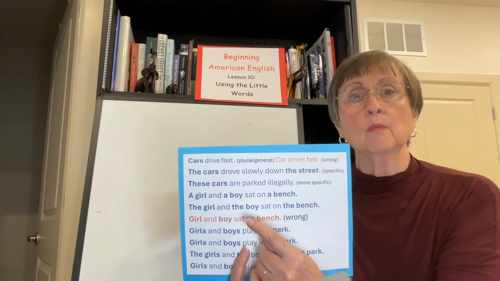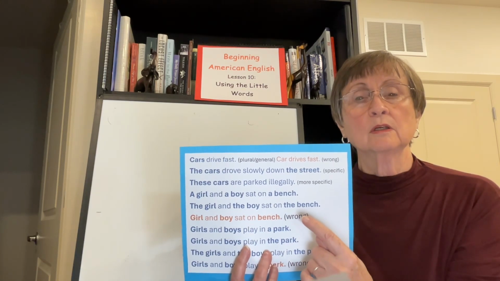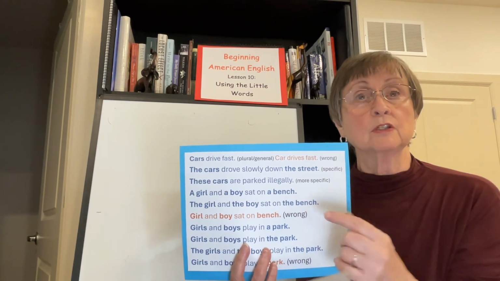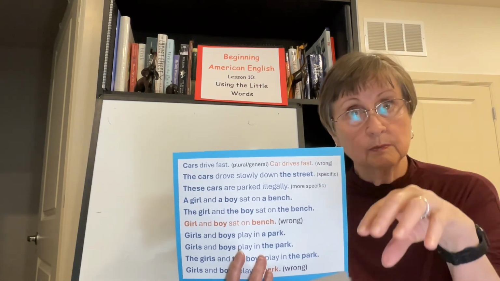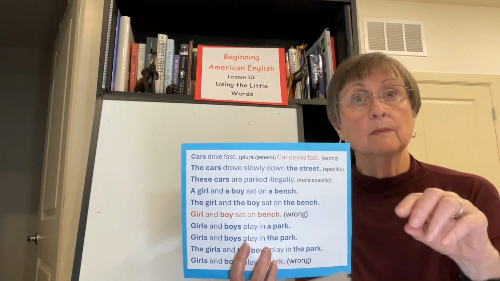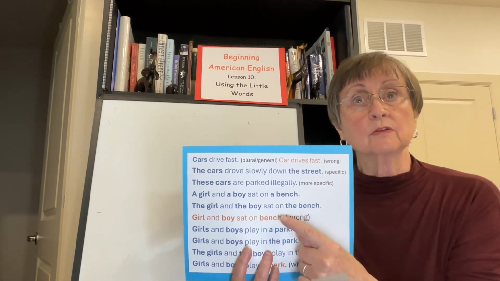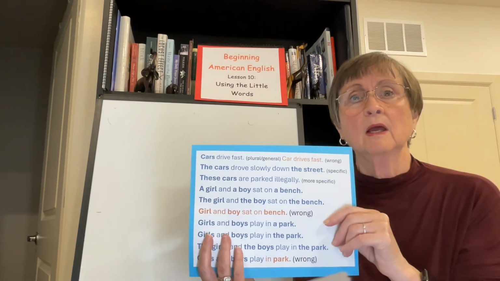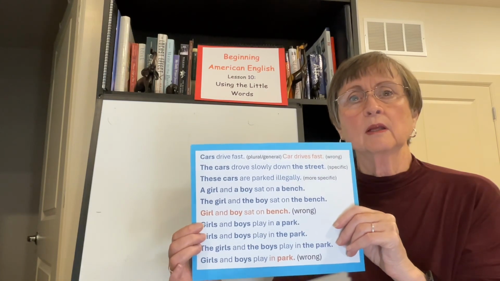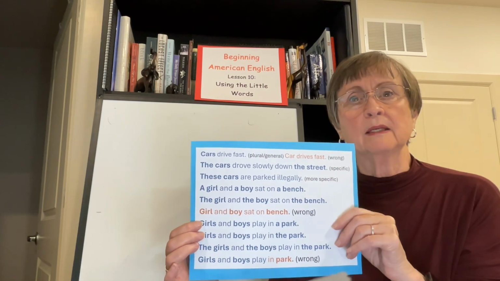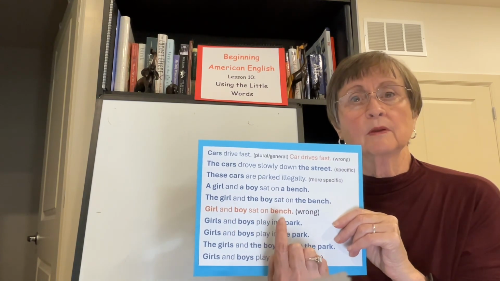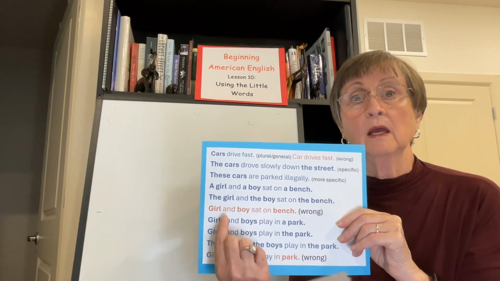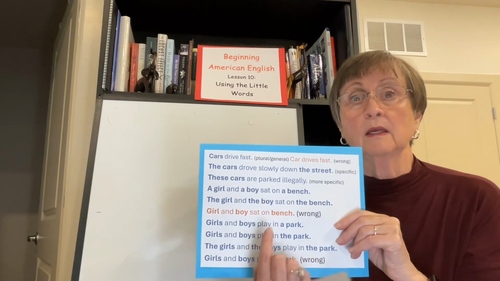The girl and the boy sat on the bench. And there's maybe just one bench, at least if it's that girl and that boy that I'm thinking about specifically, then the bench they sit on is special, so the bench. I would not say girl and boy sat on bench. You need something for girl, you need something for boy, and you need something for bench. A or the, a or the, a or the, something.